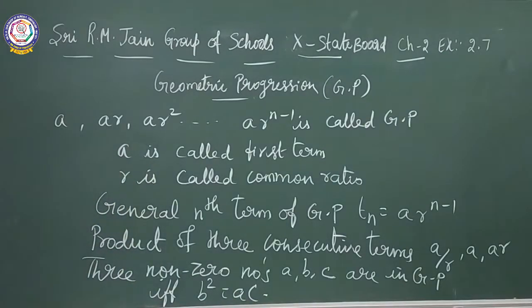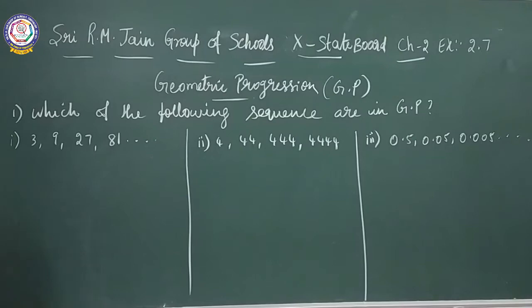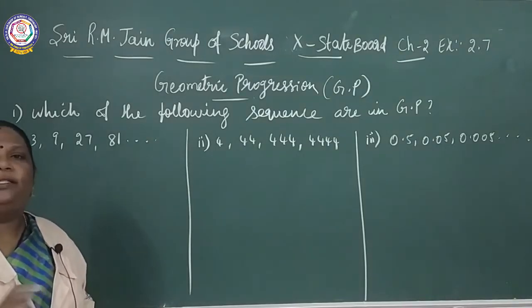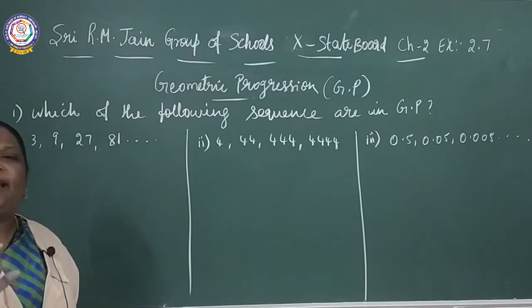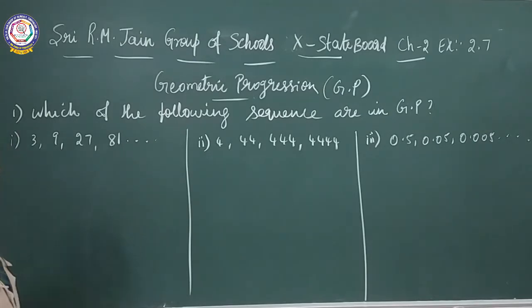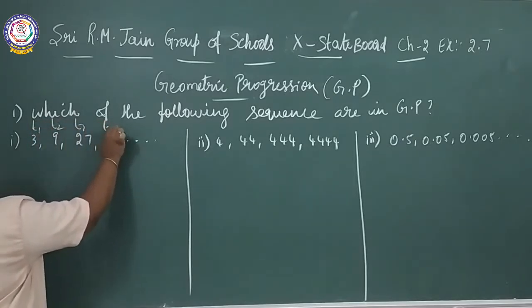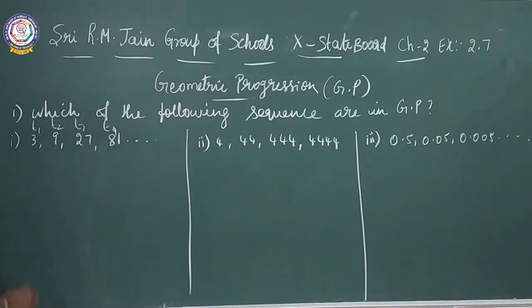Okay. See the first sum. The following sequences, we should find out whether they are in GP, because a GP has a common ratio. See, this is T1, T2, T3, T4. T2 by T1 equals 9 by 3, the value is 3.